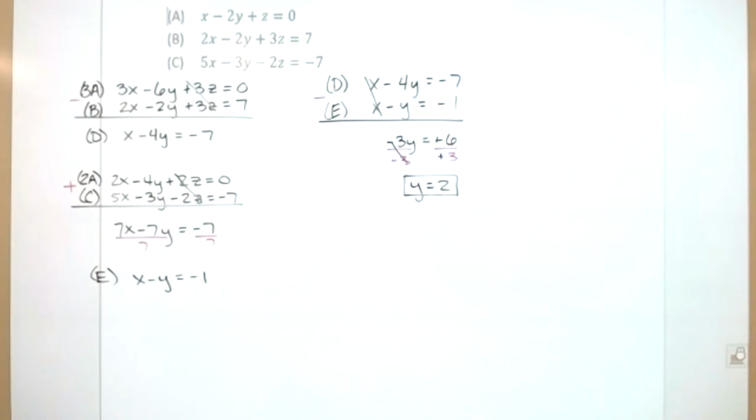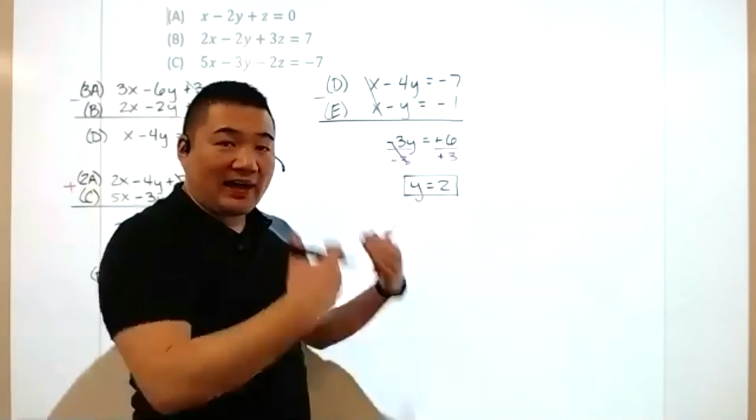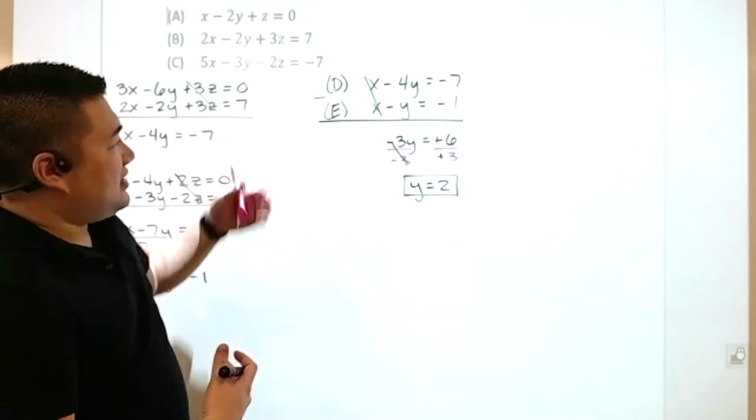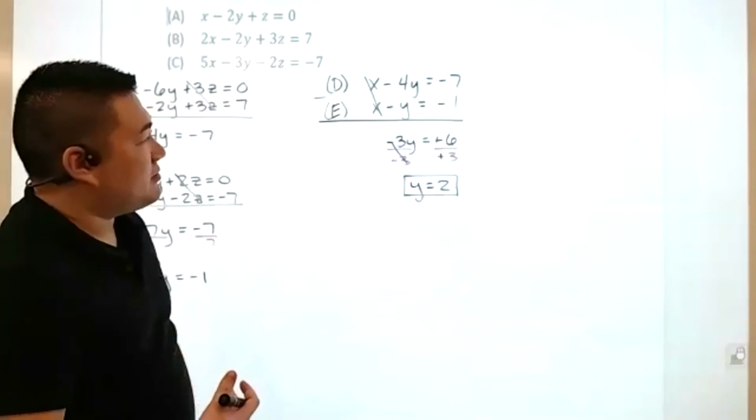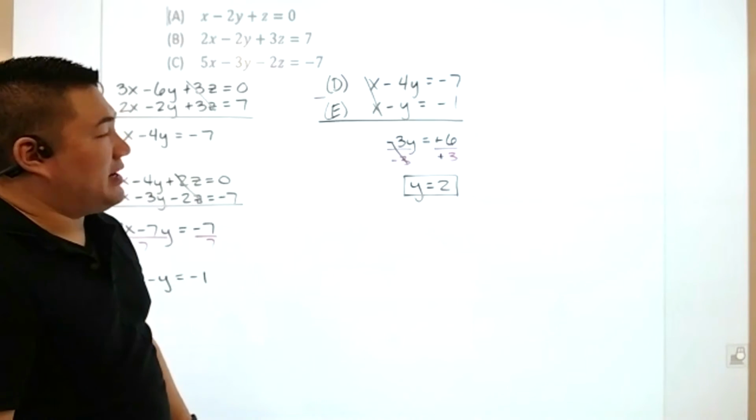Okay, that's phase 2. Phase 3 is just plugging stuff back in, going back one step each time. So I got y equals 2. I'm going to go back one step to equations D and E, and I'm going to plug in y equals 2 to one of them, doesn't matter which one, to find what x is.